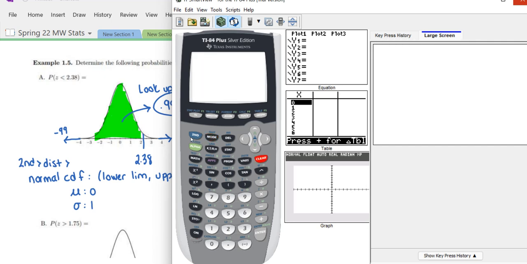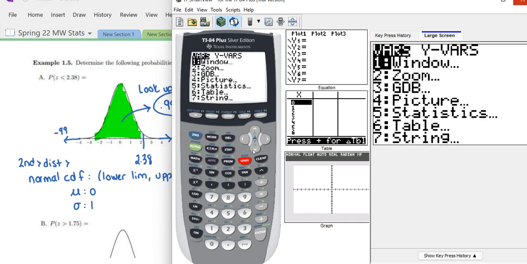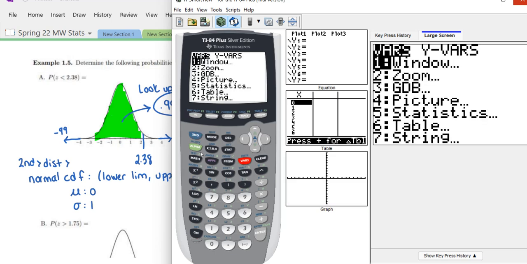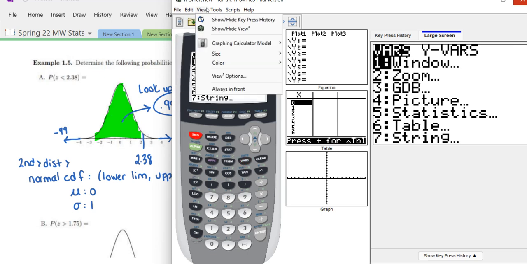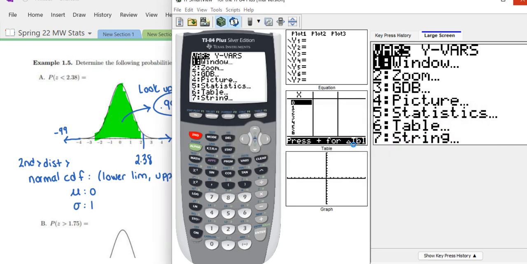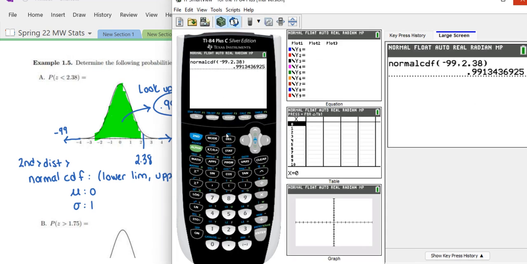It's like one click behind on everything. Okay, second, distribution. I don't want vars, I want second. All right, that one's not working. Okay, so does anybody need help with their calculator since this one isn't coming up the way you guys see it? Yes.